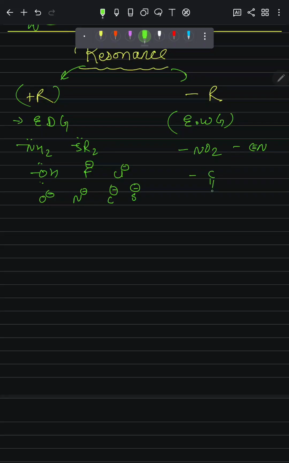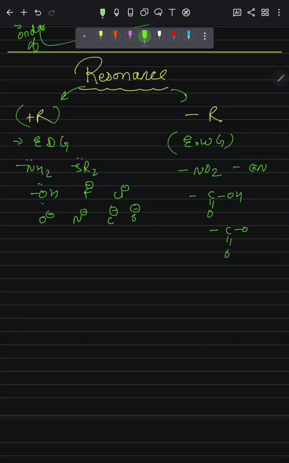Or any carbonyl group, just C double bond O, OH, or aldehyde, COOH, etc. So in resonance, with plus R, when a ring is present and an electron donating group is present, just like oxygen with negative charge, the electron density of the ring will increase.